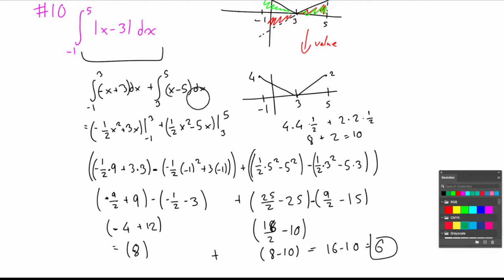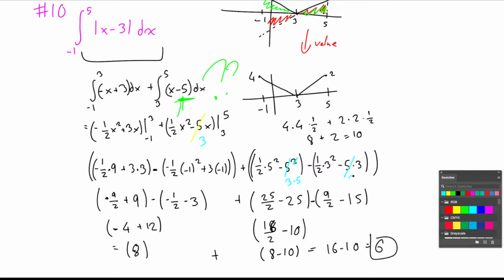So, right here, I'd like to point this out. This is just major stupidity. X minus 5. Where does the 5 come from? This should have been 3x. This should have been 5 times... This should have been 3 squared. 3 times 5.